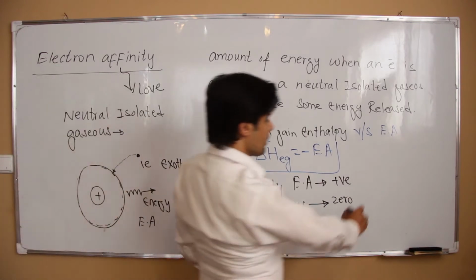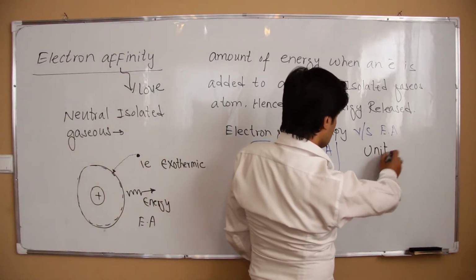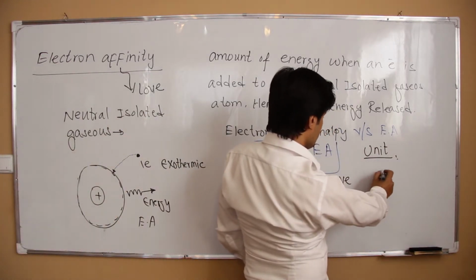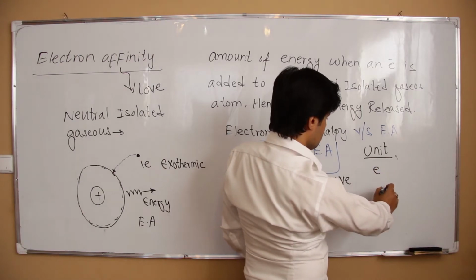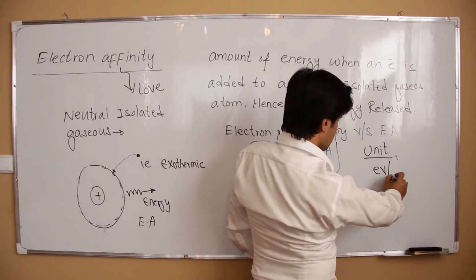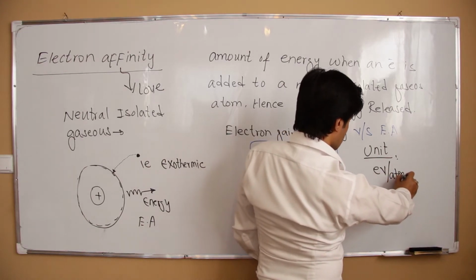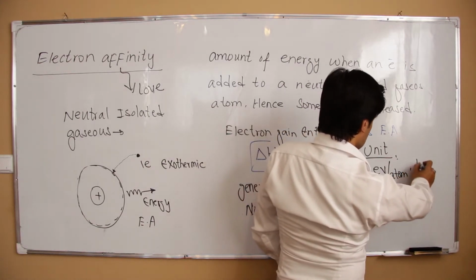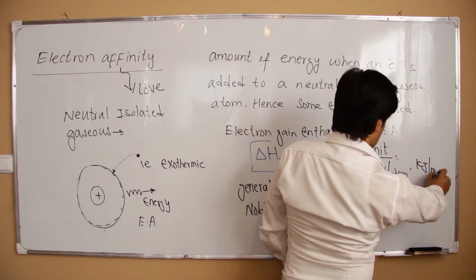Whenever you are talking about the unit of electron affinity, generally we use electron volt per atom or kilojoule per mole.